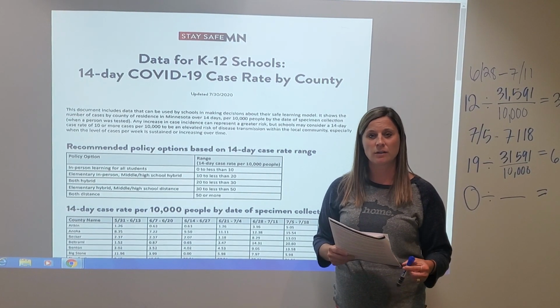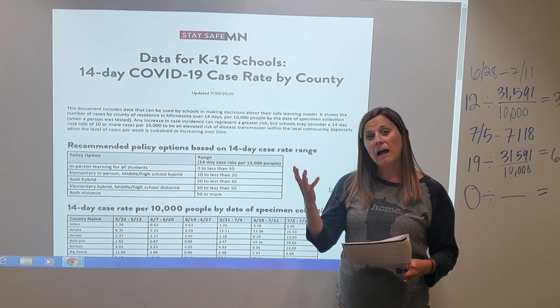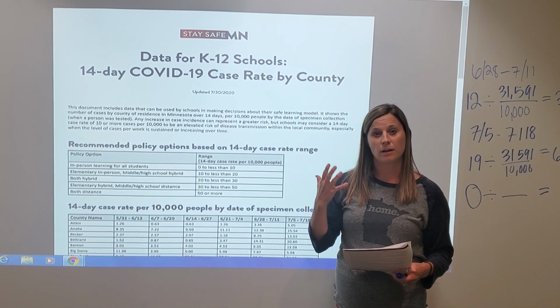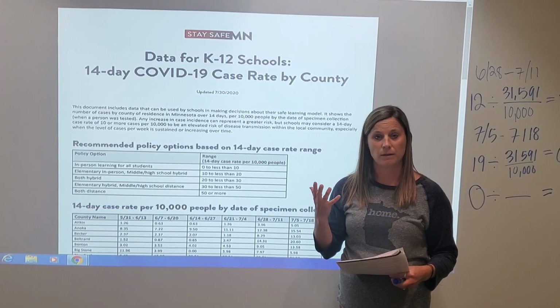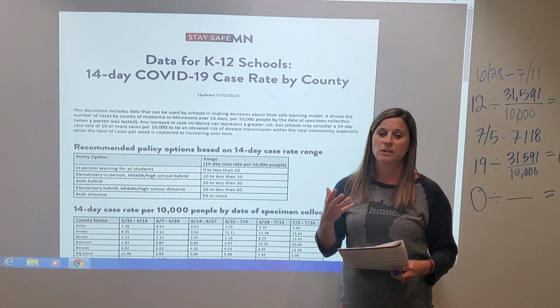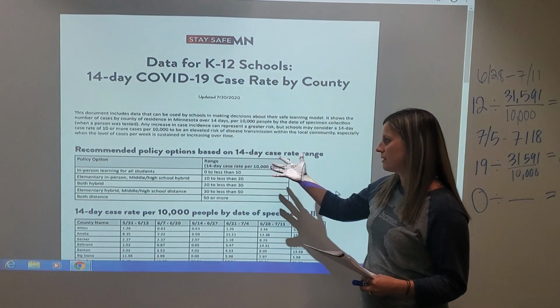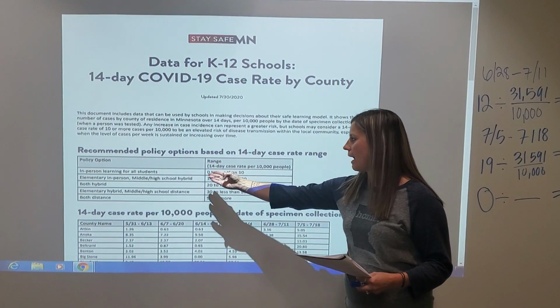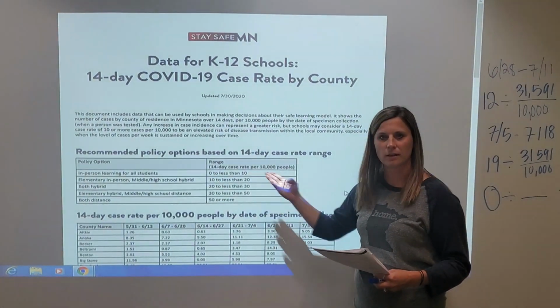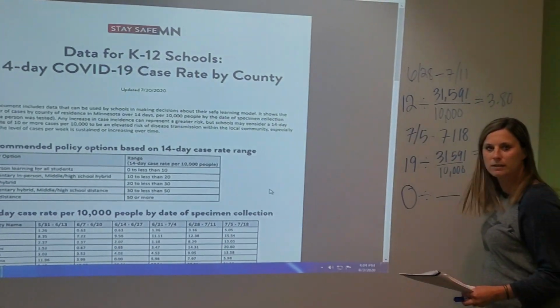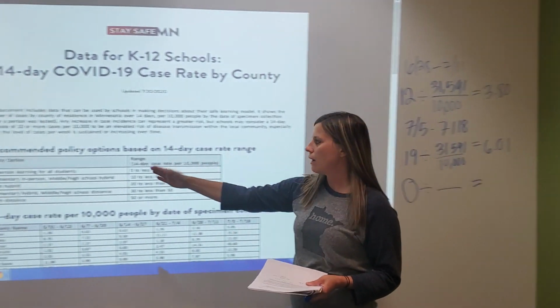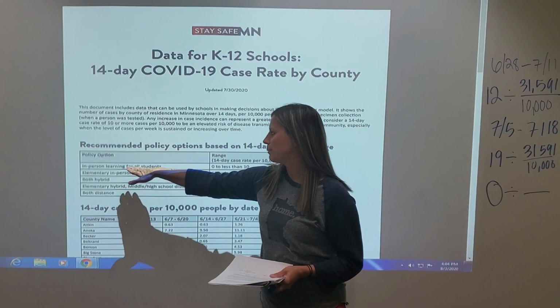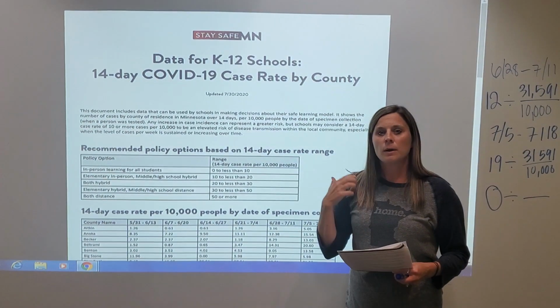Then school districts also need to evaluate if they are prepared. Can they meet the required and recommended health practices to be able to start school in the way that this recommended policy option might indicate? For example, right now we are in the 0 to 10 range because we are at 6.01. So right now the policy option indicates in-person learning for all schools.